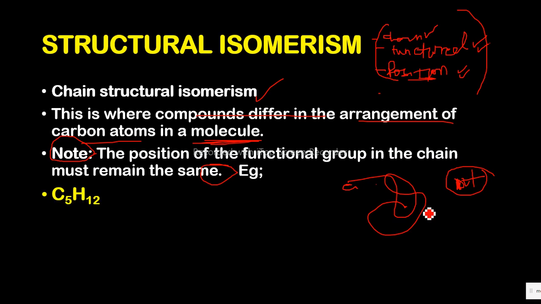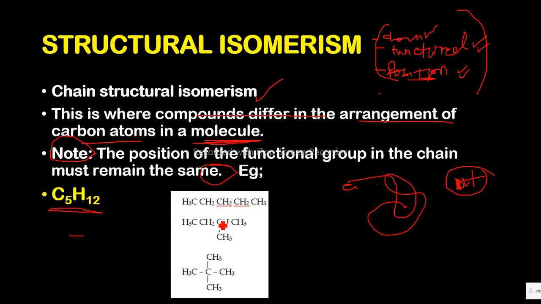Let's see an example. You can have pentane, and this can be N-pentane, normal pentane, the one which is not branched.